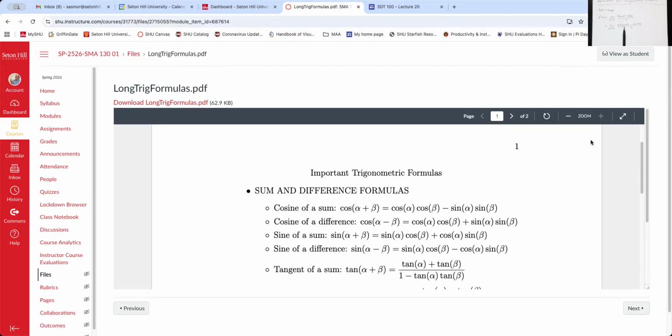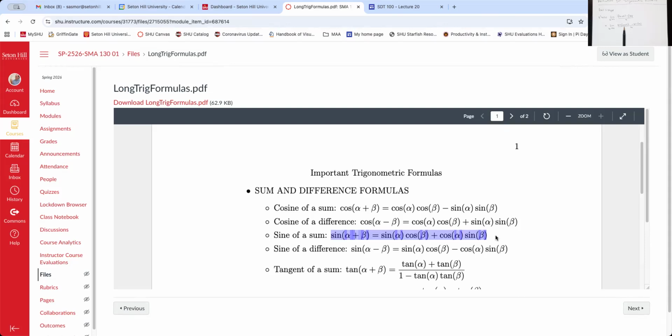When I do the sine of a sum, it's a lot more complicated than that. I used alpha and beta instead of x and h, so sine of x plus h gives me sine of x cosine of h plus cosine of x sine of h.